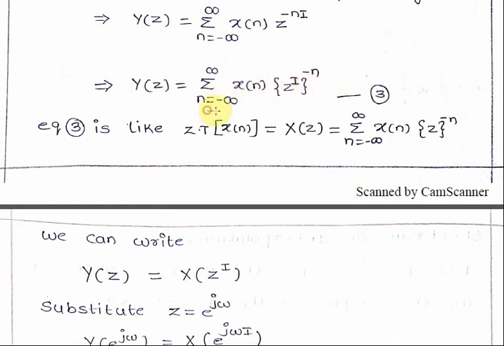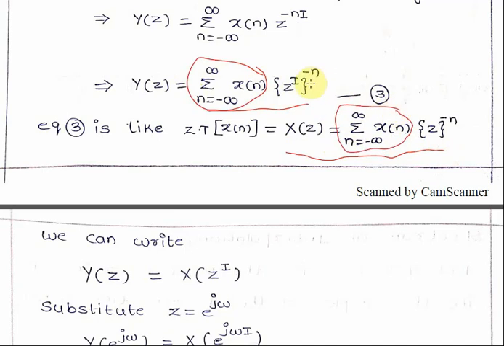Now this expression is looking like the Z transform formula, summation x of n z power minus n. Here z is there, that's why we are writing x of z. Similarly, here z power I is there, we can write it as x of z power I.